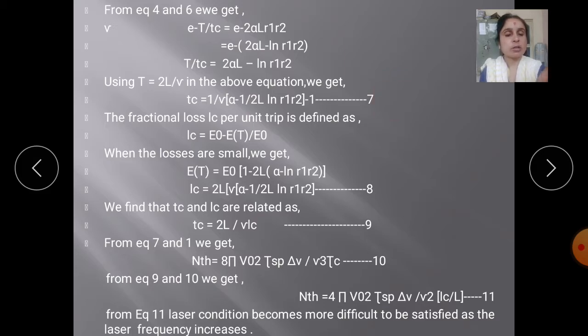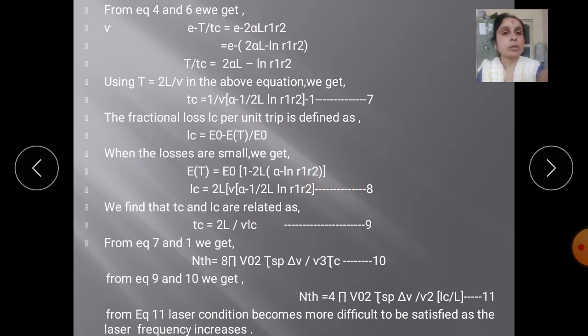The fractional loss per trip, Lc, is defined as Lc equal to E0 minus E of T upon E0. When the losses are small, E of t is equal to E0 times 1 minus 2L in brackets alpha minus ln of R1 R2.